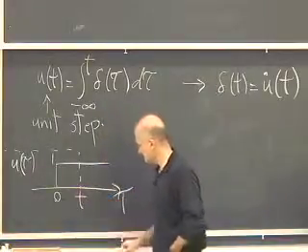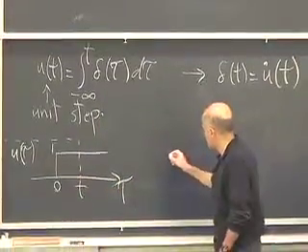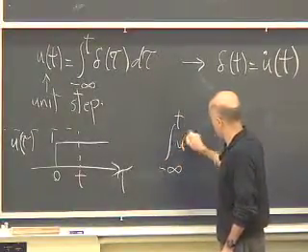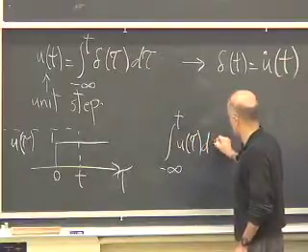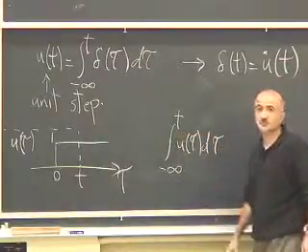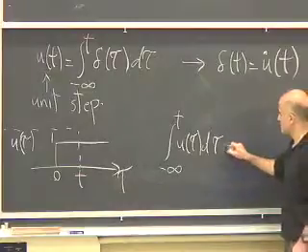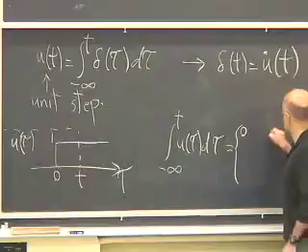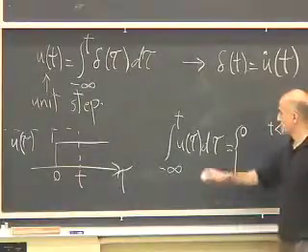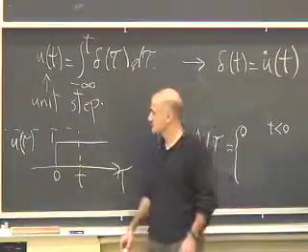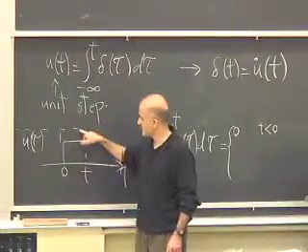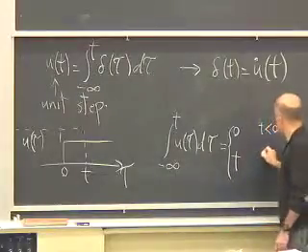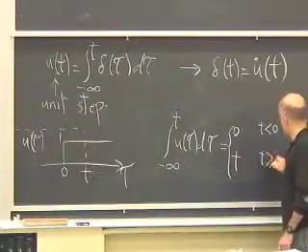For t less than 0, what do you get? 0. So 0 when t is less than 0. And what happens when t is greater than 0? I haven't drawn the height properly. This height is supposed to be 1. You get what? t, for t greater than or equal to 0.